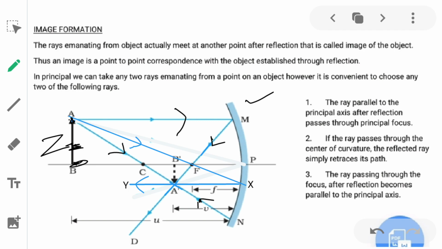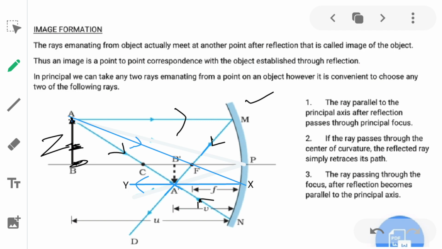And the third ray that we can consider for the image formation is the inverse of the first ray. That is, the ray passing through the focus after reflection becomes parallel to the principal axis.